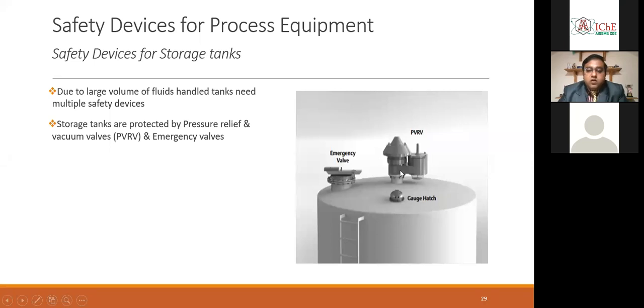The tank vapors will go out like this, and when you are pumping liquid out of the tank, it will suck air into the tank to maintain integrity. Similarly, when it is absorbing thermal radiation, getting heated up and vaporized, it will release itself through the PVRV here.